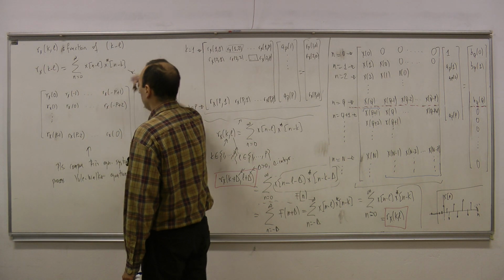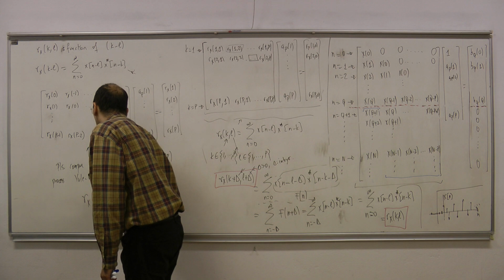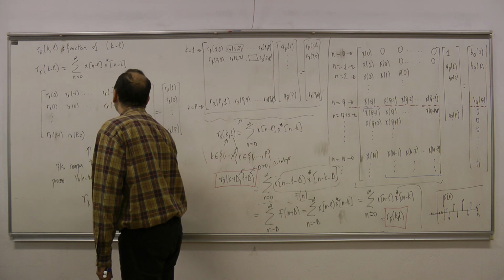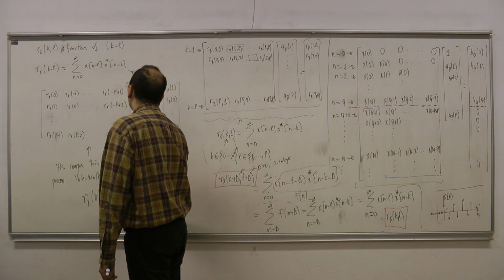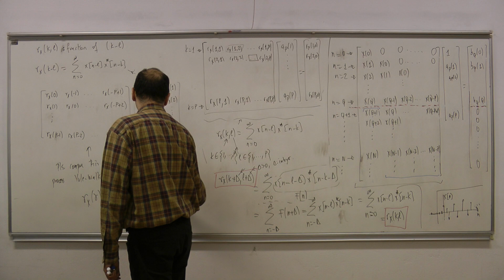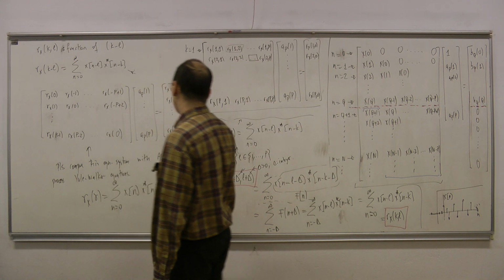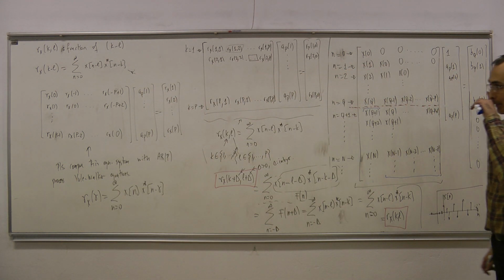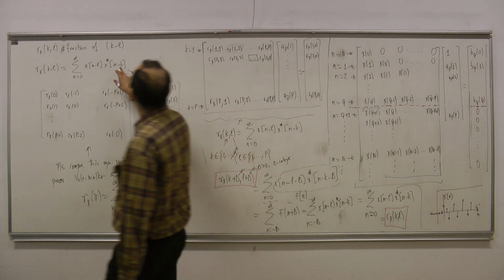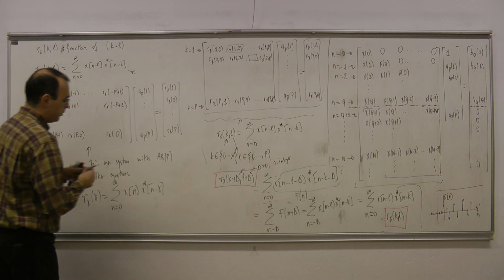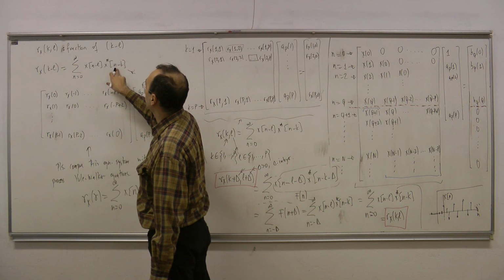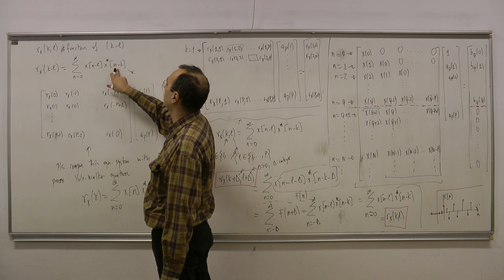So let me write Rx of, let's say gamma for this one: the sum for n from 0 to infinity of x of n times x conjugate of n minus gamma. Let me do one more step. The difference is k minus L, the second conjugated argument is subtracted.